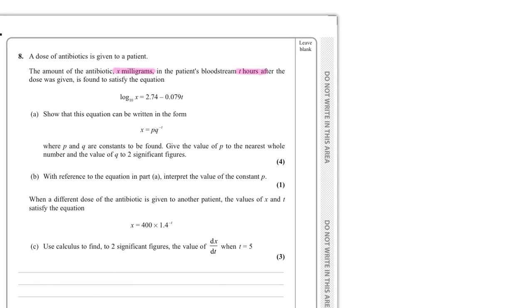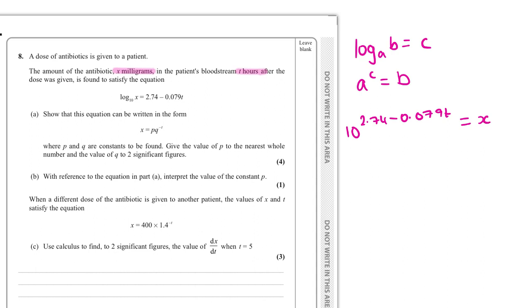Okay, so first of all, we know that log to the base a of b equals c means we can write a to the power of c equals b. So we can say that 10 to the power of 2.74 minus 0.079t equals x.